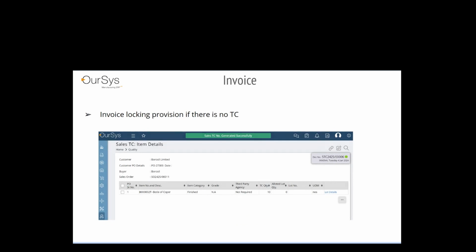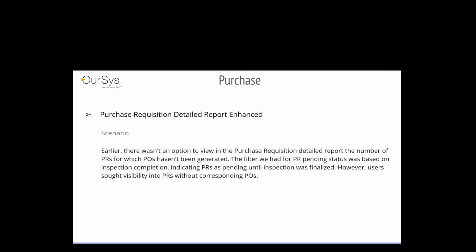Okay, so moving to the next provision under the purchase. Purchase requisition detail report enhancement. Earlier there was no provision to see in the purchase requisition detail report how many purchase requisitions did not have a purchase order.